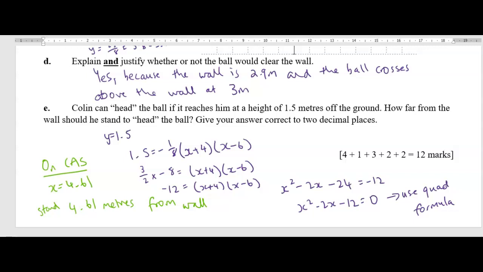You would just use the exact value. Now, this question is worth 2 marks, so you would need to show this, just that you know what to type into the calculator, and then 4.61 meters.